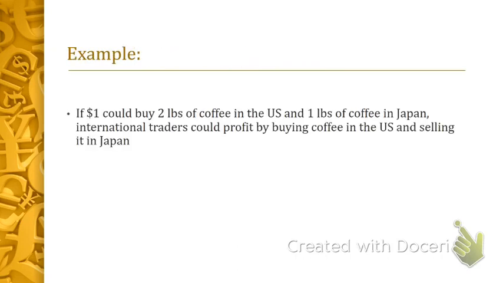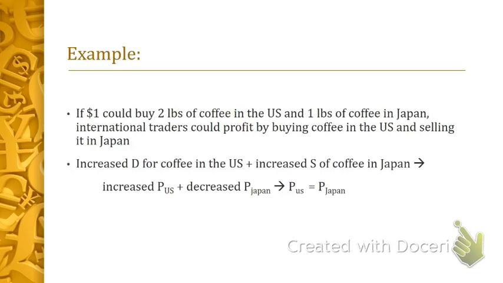An example: if $1 could buy 2 pounds of coffee in the U.S. and 1 pound of coffee in Japan, international traders could profit by buying coffee in the U.S. and selling it in Japan. People would do that until it balanced out by supply and demand rules.